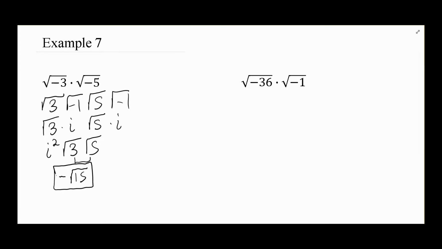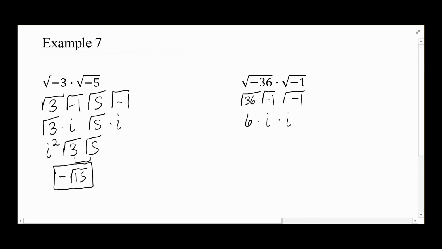And I can apply similar reasoning with this other problem here, where I'm looking at the square root of -36. That would be the square root of 36 times the square root of -1. Well, square root of 36 is 6. Square root of -1 is i.